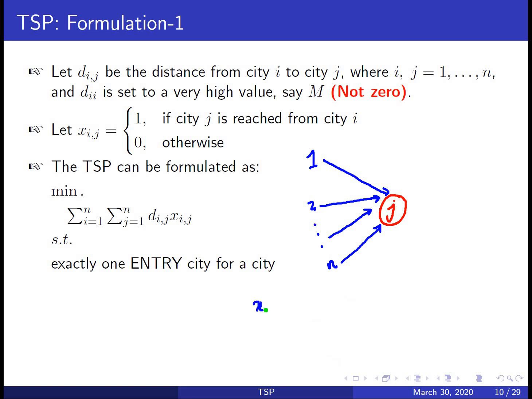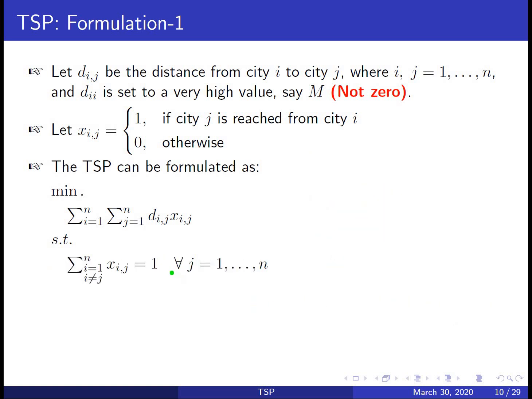That is from X1j, X2j, so on, Xnj, I need to pick exactly one of the cities, and this should be repeated for all possible cities. Okay, so this is the constraint.